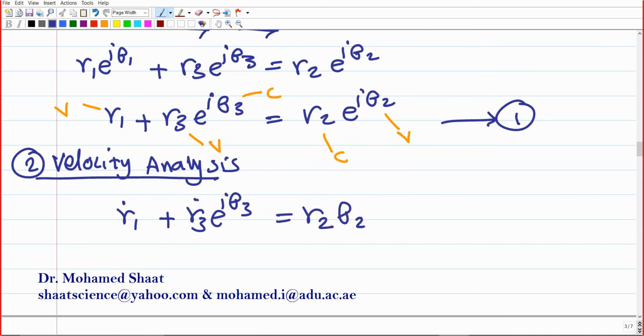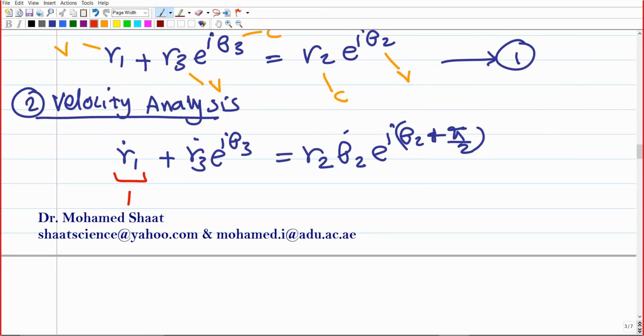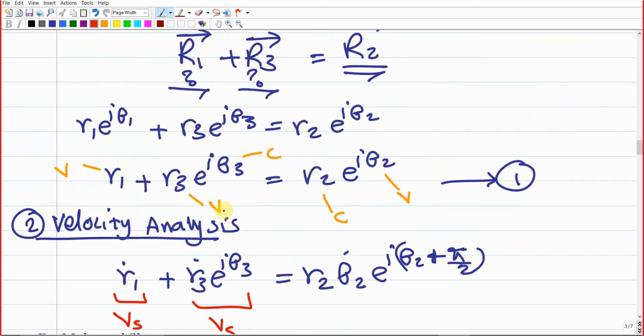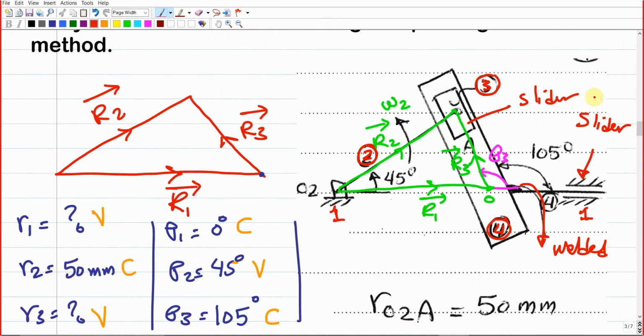Theta 2 is variable, so it's going to be theta 2 dot e^(i (theta 2 plus pi over 2)). Make sense? If we decided to investigate these terms, this should give us sliding velocity, right? And this should give us also another sliding velocity. So that's why I mentioned here that we do have 2 sliders. Each one will have a sliding velocity.